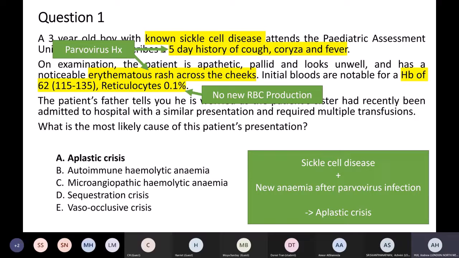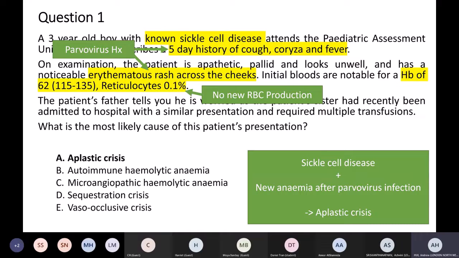So for someone with sickle cell disease who has a degree of anaemia anyway, once they contract parvovirus, they develop a profound anaemia very quickly, and the bone marrow isn't able to produce any more red cells, so no reticulocytes are produced, which are essentially immature red blood cells released by the bone marrow.